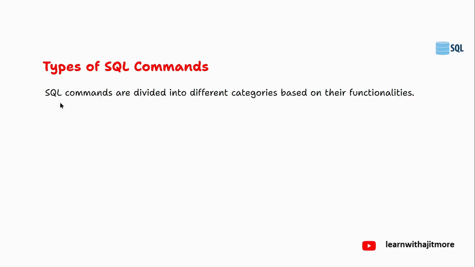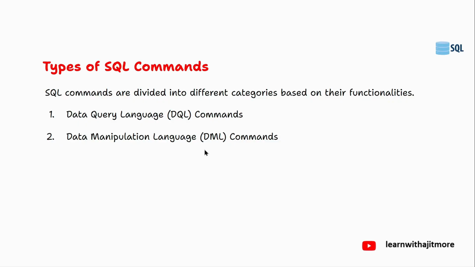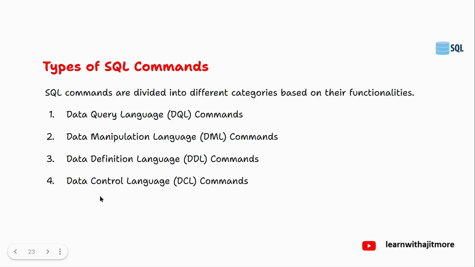So SQL commands are divided into different categories. First is data query. Second is data manipulation language. Third is data definition. Fourth, data control. And fifth is transaction control. Actually, I have explained all this yesterday. Again, we will go through it quickly.